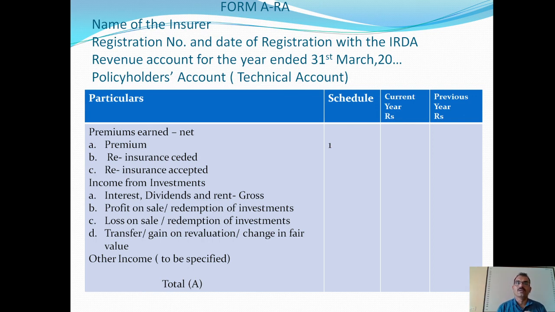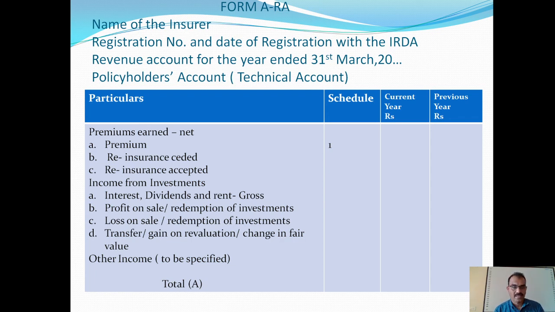Revenue account for the year ended 31st March 2020, policyholders' account, technical account. So this is the heading given to the revenue account. Then, as usual, there are 4 columns: the first column for particulars, second column for schedule number, next column for current year, and the next column for previous year figures.